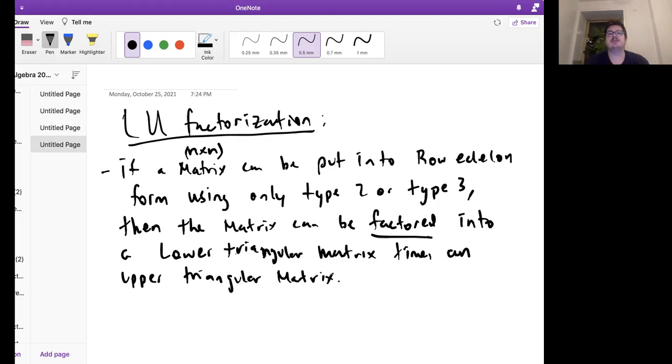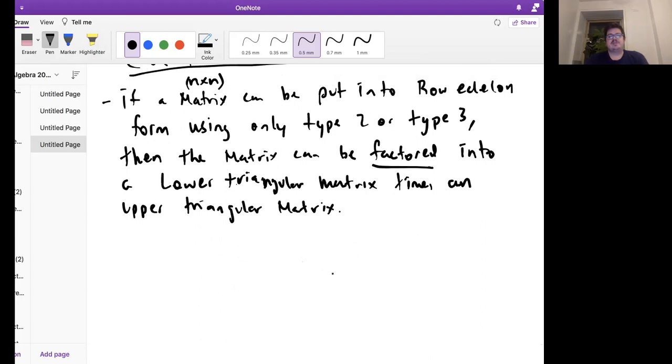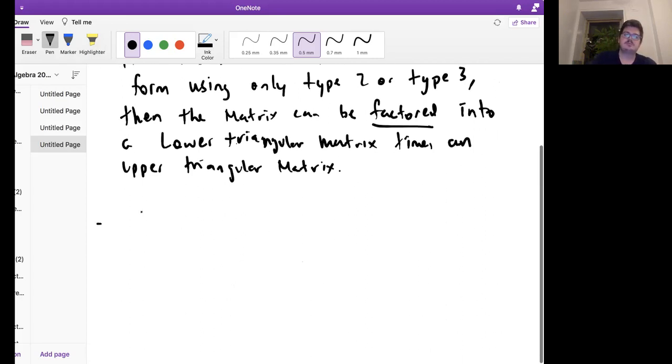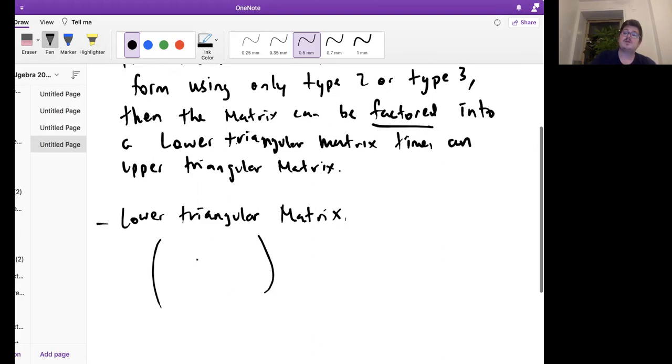Can someone give me just an intuitive definition of upper and lower triangular? What does it mean for a matrix to be lower triangular? So this is what we covered a little bit last time. So it's the other way around. For lower triangular, the interesting stuff is in the lower part and 0 is in the upper part.